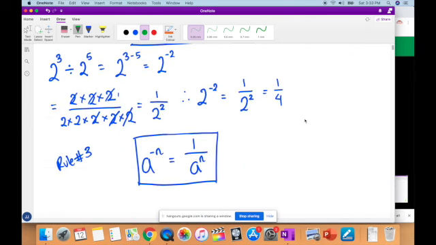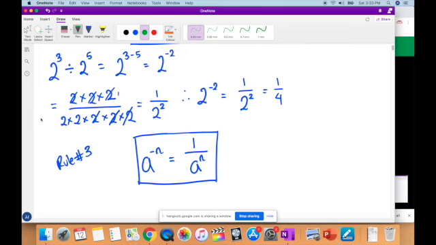But then we did this thing here where I have the same number and I'm dividing 2 to the power of 3 by 2 to the power of 5. That is equal to 2 to the power of 3 minus 5, which is 2 to the power of negative 2.